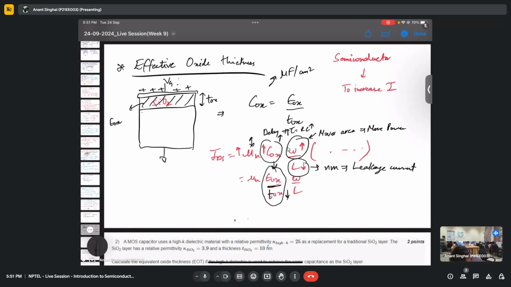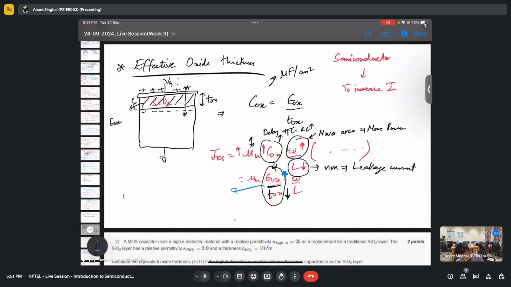If we have a very thin layer of SiO2, electrons can pass from the gate to the channel, and there can be more leakage. So we are not interested in decreasing the oxide thickness. What we can do is increase the permittivity, but it is fixed for SiO2.